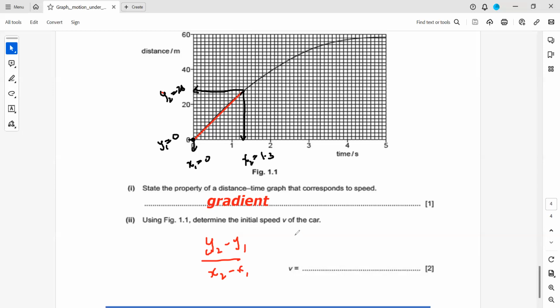So we use the formula y2 minus y1 over x2 minus x1. Whenever you're using a graph for your question, you should always show this on your graph, show how you're doing this part. So it will be 28 minus 0 divided by 1.3 minus 0. So it is actually 28 divided by 1.3.